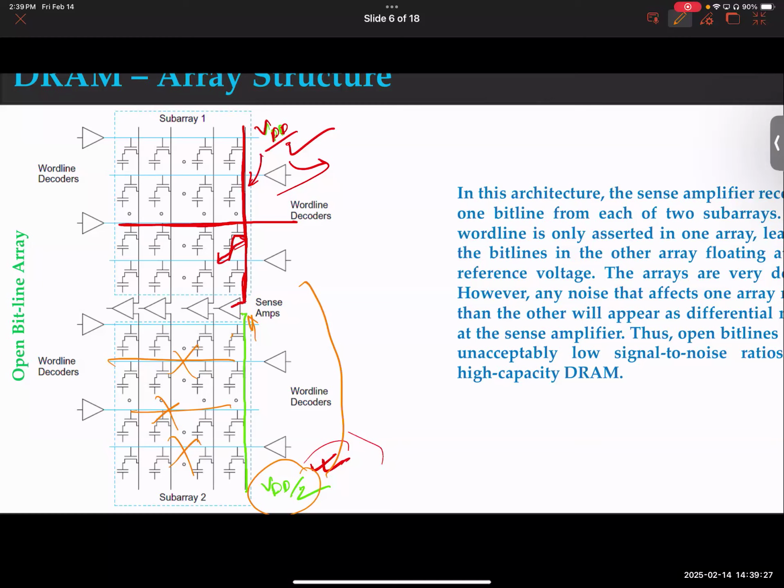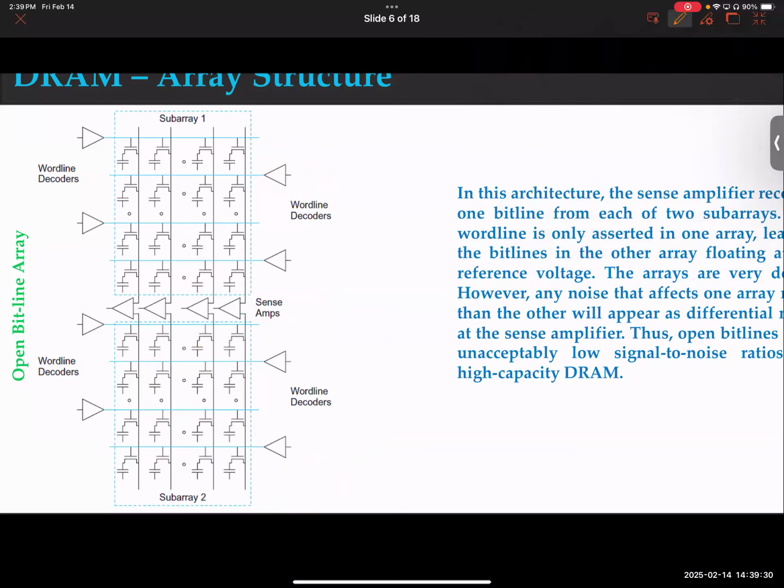Okay. Here is where the problem is. We rely a lot. By the way, notice for this bit line, imagine you started with VDD over 2 and it goes slightly up and slightly down. And you are relying on the other bit line, this one, to be exactly at VDD over 2, so that it becomes a reference and you sense whether it's going up or going down, right?